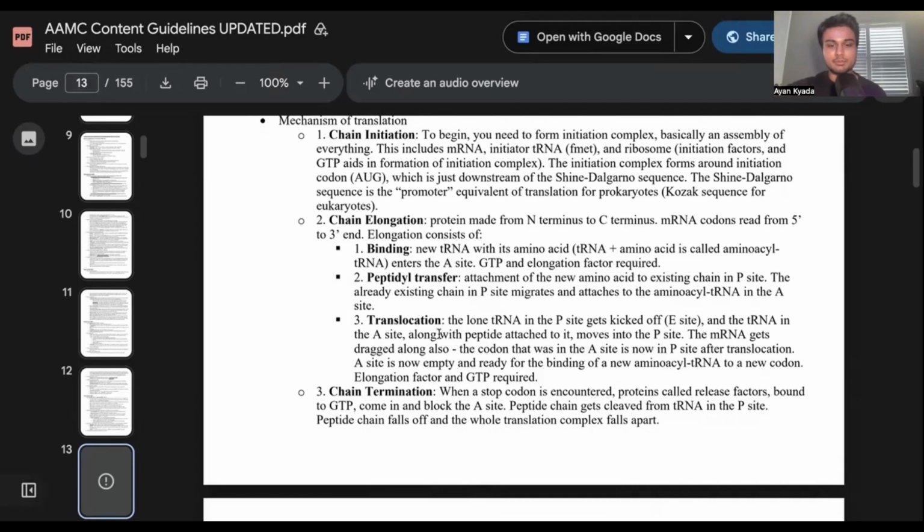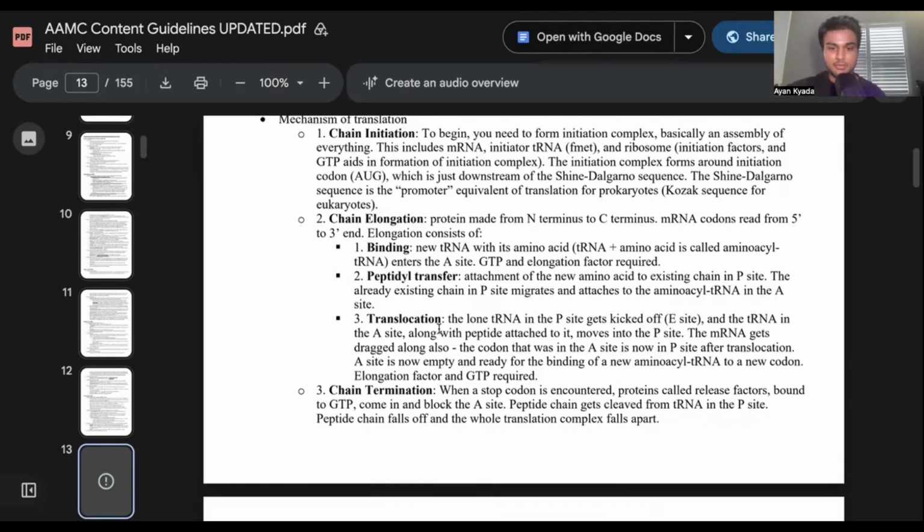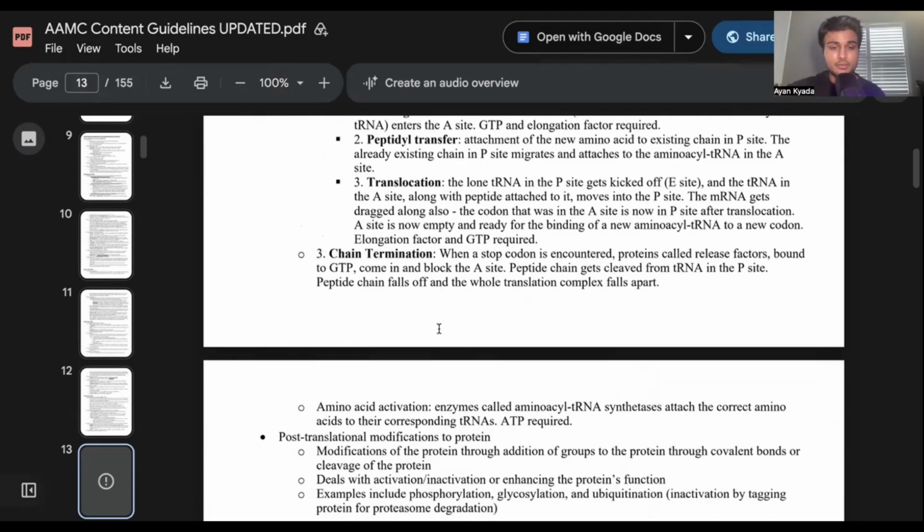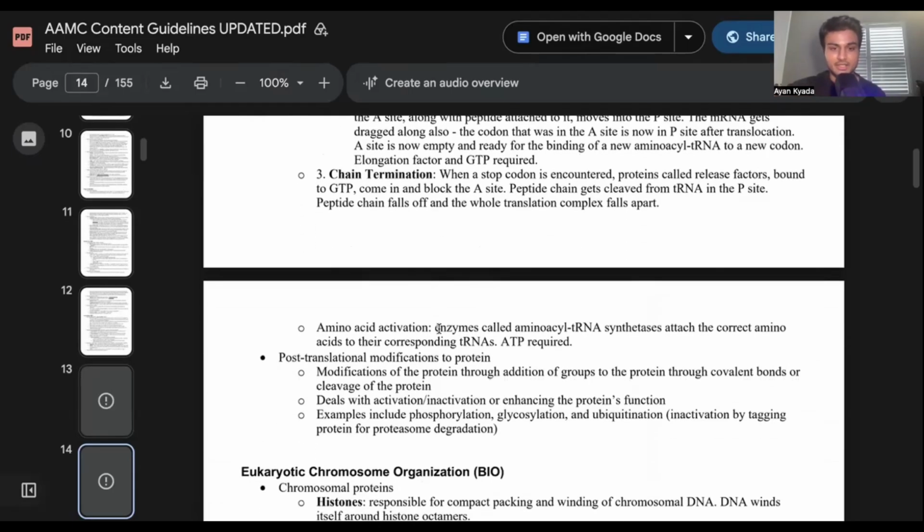And after this protein is fully formed and dissociated from the ribosome, it does not necessarily mean that it has its full structure and function. In fact, a lot of times we have post-translational modifications that occur in the Golgi apparatus. And via covalent bonds or cleavage of the protein, you're going to alter its activity, its structure, its function, its charge.